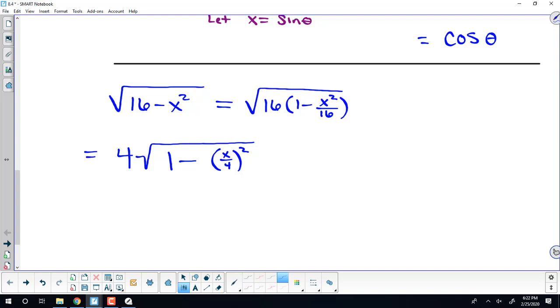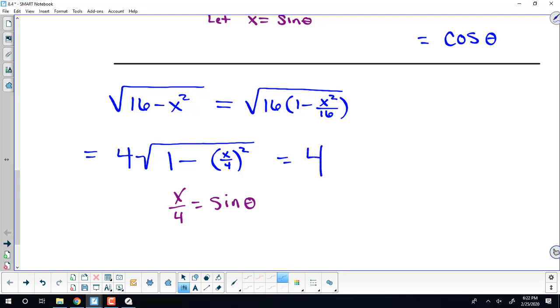And so at this point, again, we're pretending this is going to be a part of an integral. At this point, we would then say, well, I've got 1 minus x over 4 squared. In this instance, I want x over 4 to be my sine of theta. I'm thinking about the Pythagorean identities, 1 minus sine squared or 1 minus cosine squared. So I could let x over 4 be cosine as well.